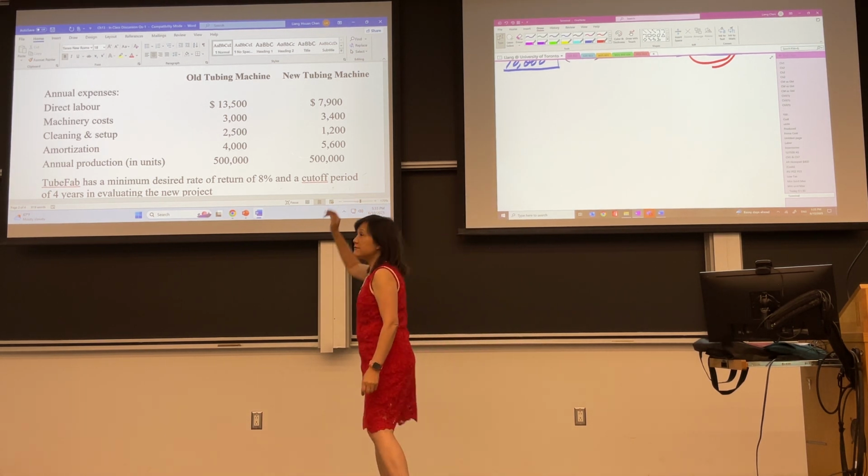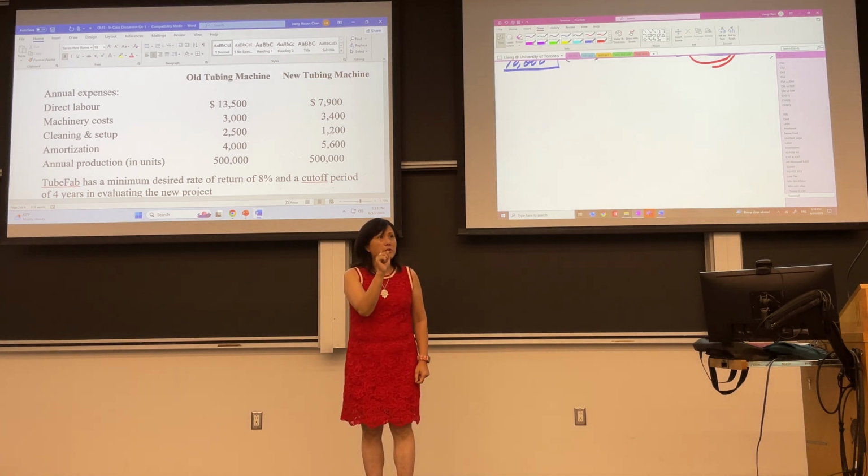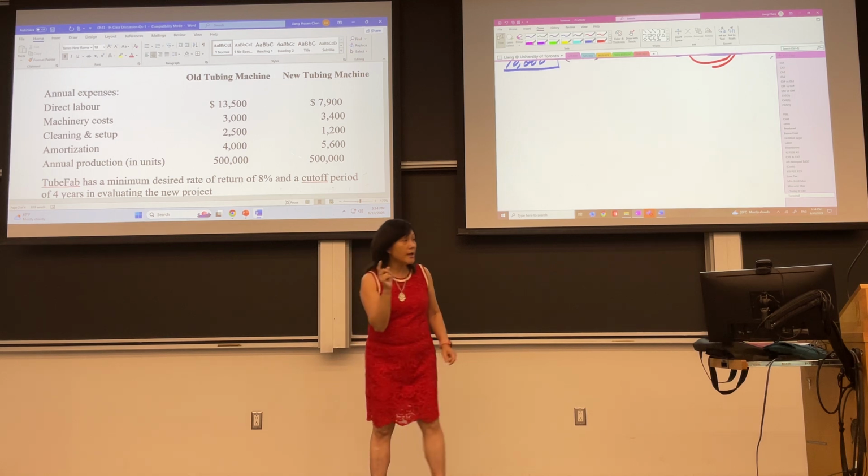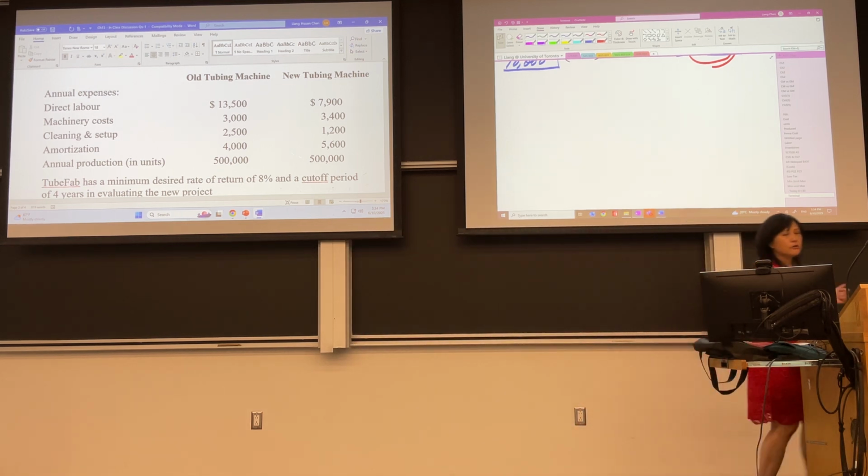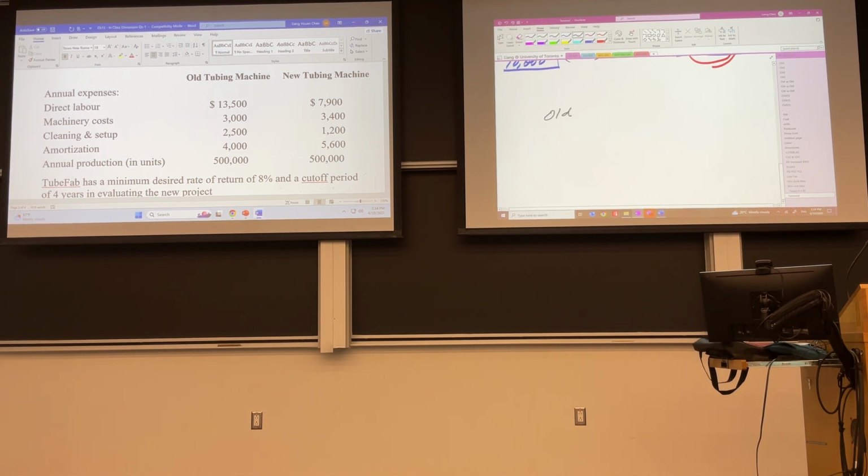Amortization, 4,500. Don't be fooled. If we're doing the net present value, do not include this part, okay? So I'm going to show you how we calculate 4,000 versus 5,600. Okay, so the old machine: $50,000 cost, minus the 2,000 residual value.